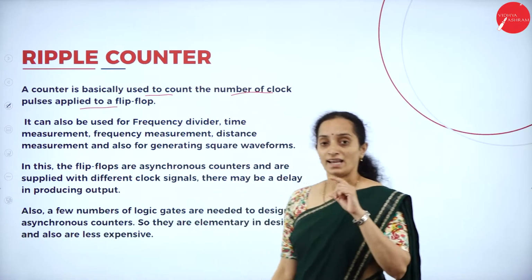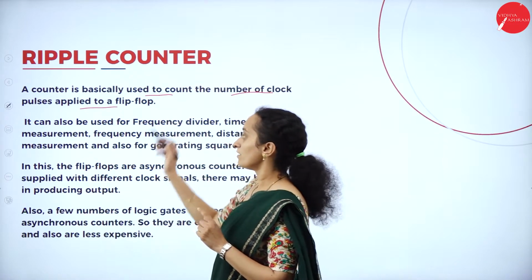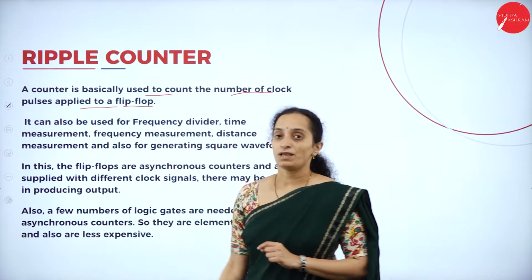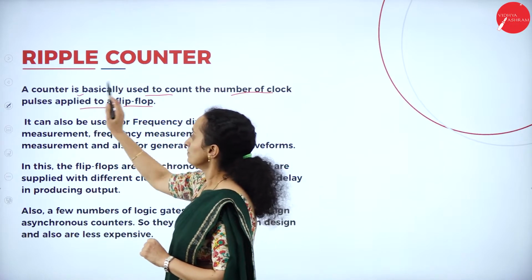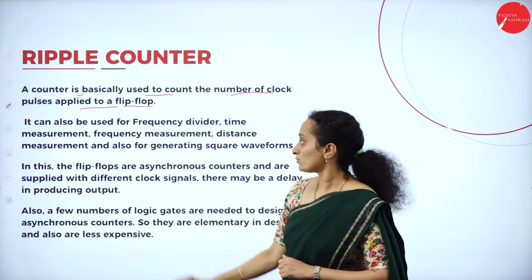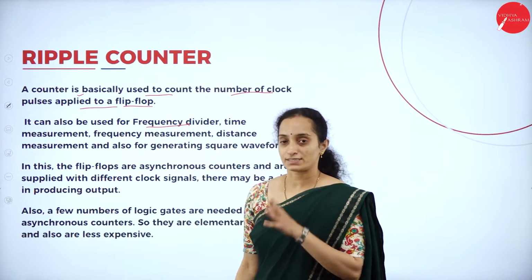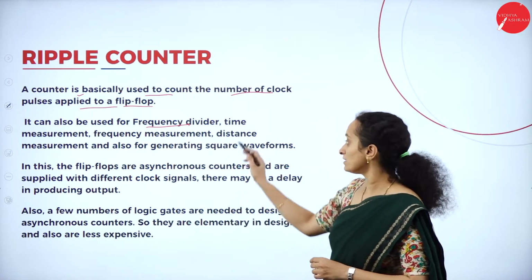This change in the electric pulse will be counted by a counter, which can be implemented with the help of flip-flops. It can also be used as a frequency divider, in physics related fields, to check the frequency of an electronic device.